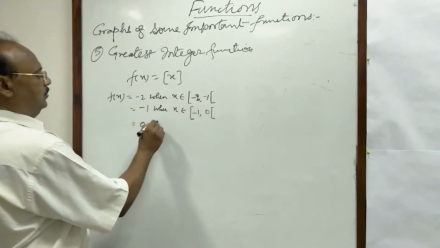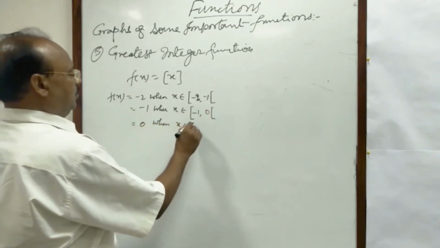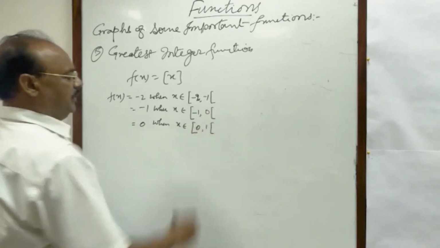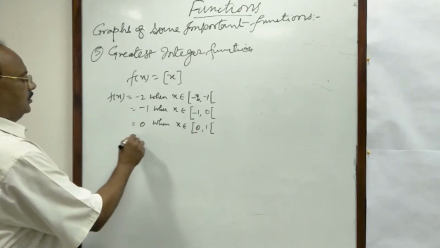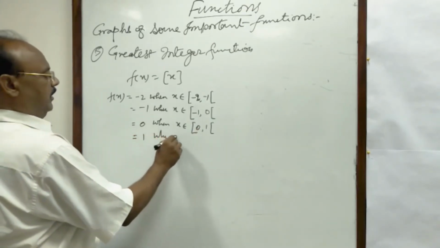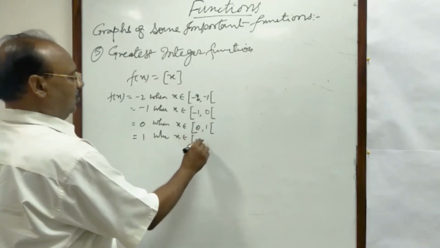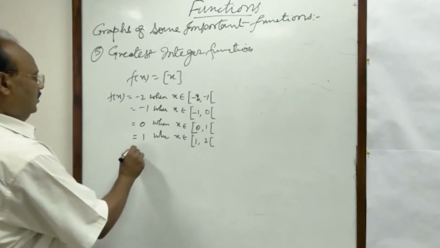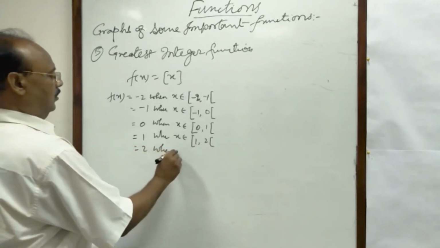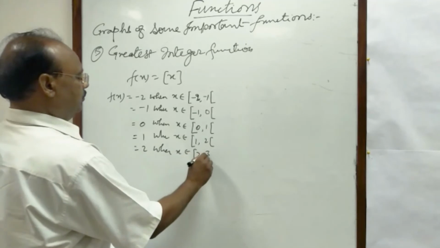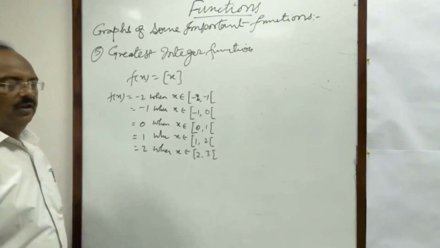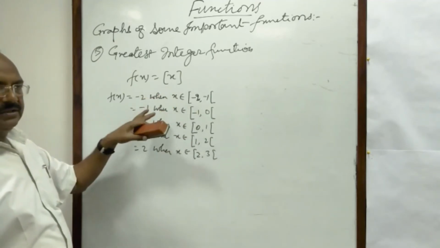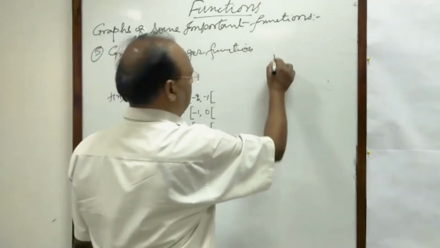This is equal to 0 when x belongs to the interval 0 to 1, where 1 is open. This is equal to 1 when x belongs to 1 to 2, 2 is open here. This is equal to 2 when x belongs to 2 to 3. Now with the help of these values of x and f(x), let us sketch a curve here.